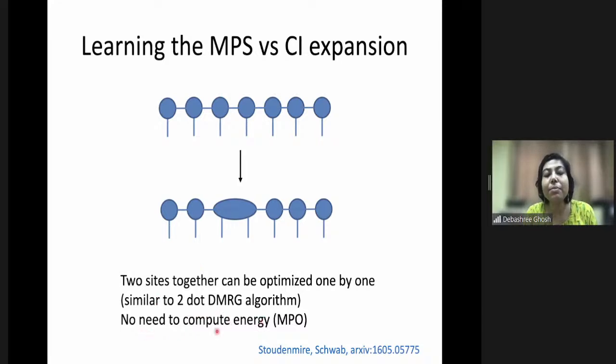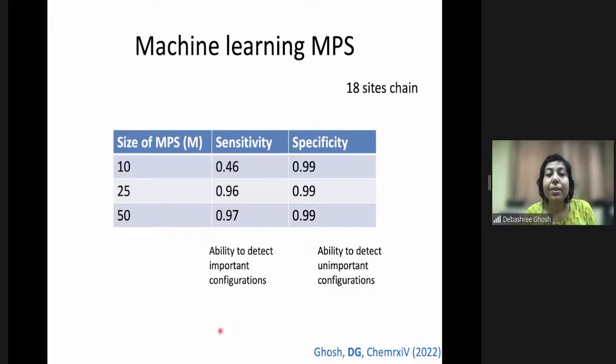And as I mentioned before, there is no need to compute energy or any matrix product operator. So that's all great. Here we see for an 18-site chain, a one-dimensional chain, which is actually again a toy system, that the sensitivity and the specificity increase with different sizes of M of the MPS.